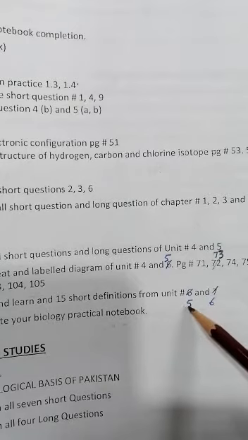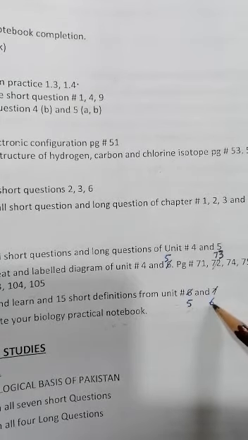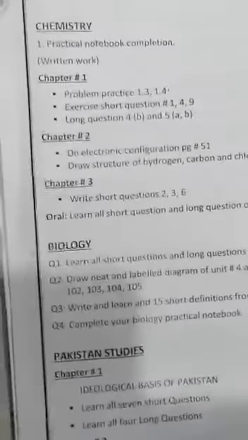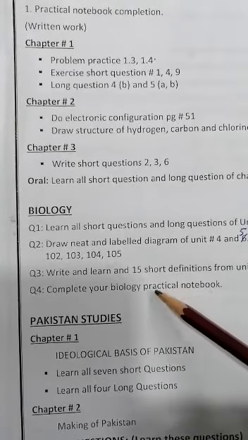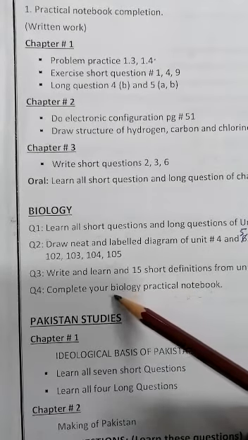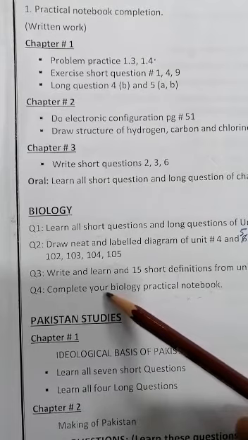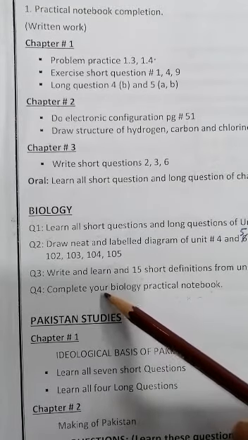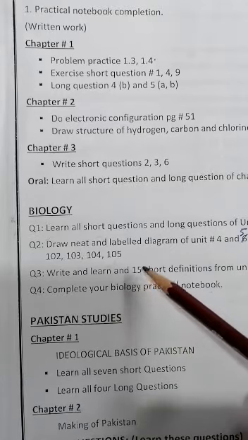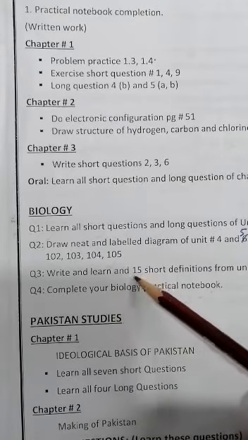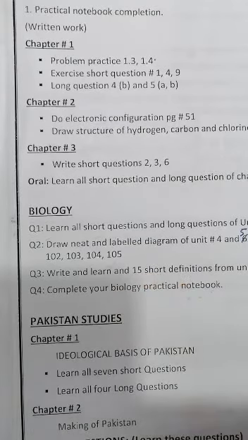You can make 6 or 7 definitions from chapter 5, similarly 7 or 8 definitions from chapter 6. And the next question is, complete your biology practical notebook, for which you people have been instructed so many times through videos, online classes, and also in your classes when you are coming to the schools. So first of all, write and learn 15 short definitions.